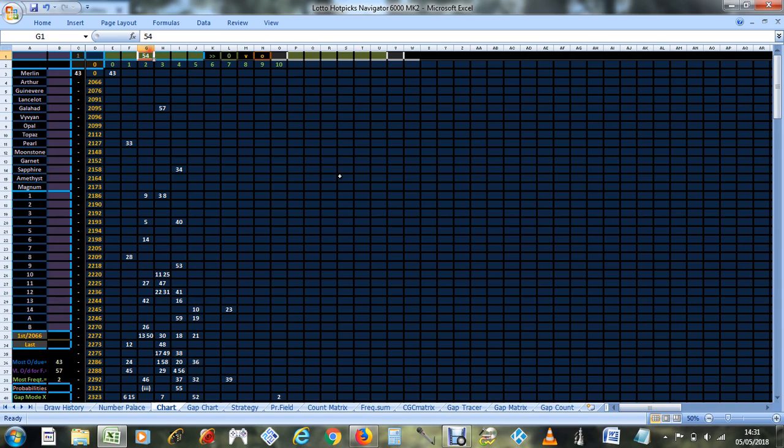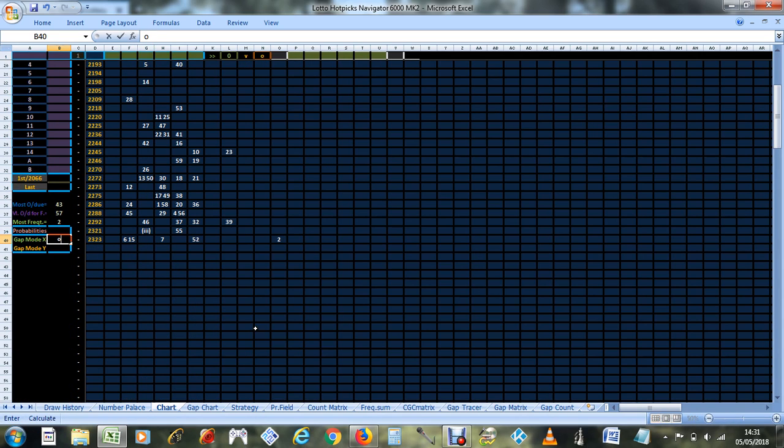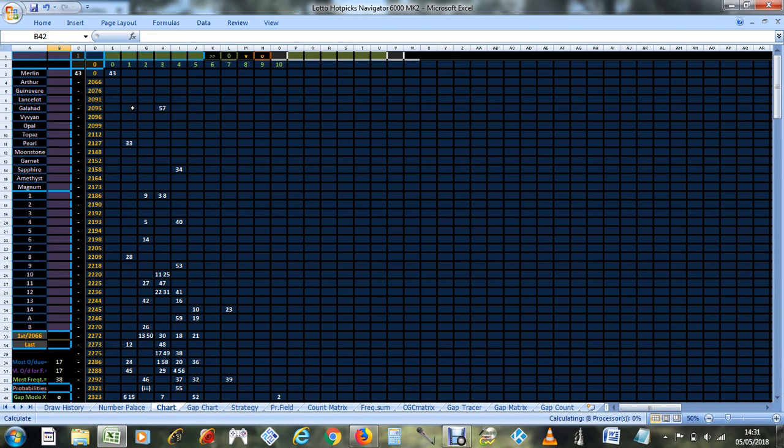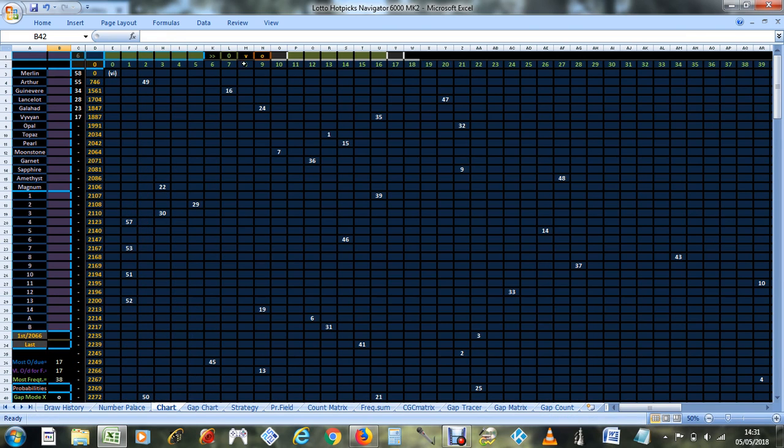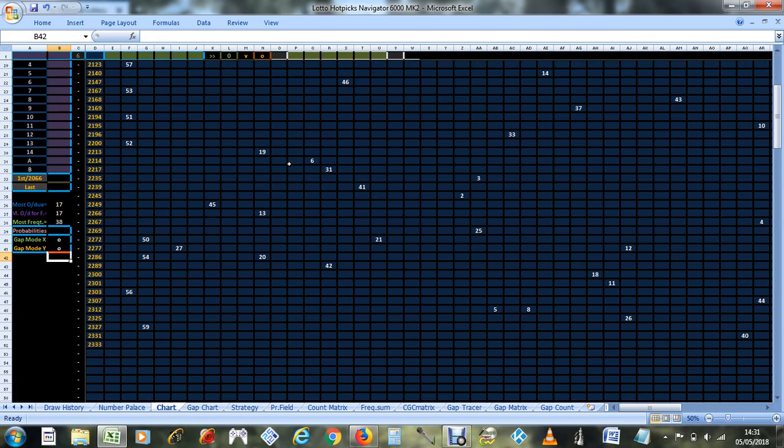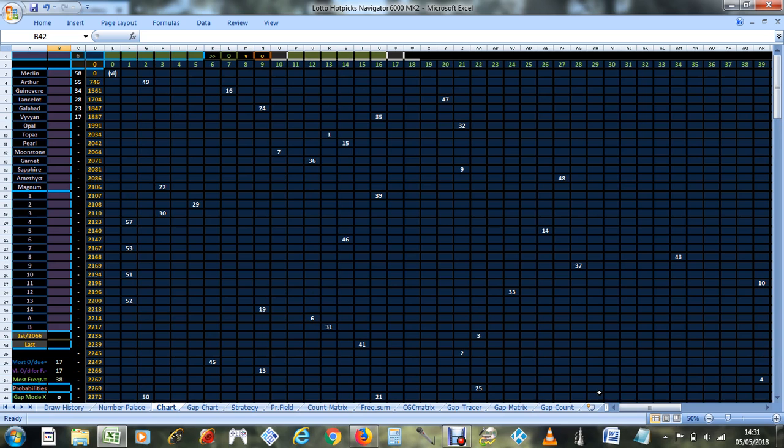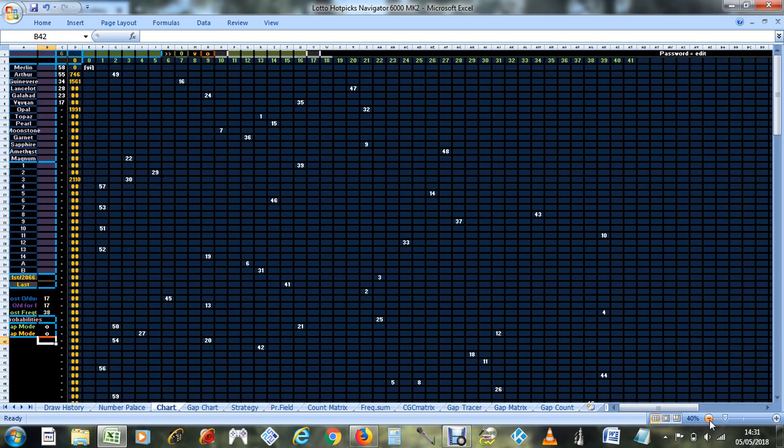Now let me just show you what this does on this chart when I put it in gap mode. Now what that does is, instead of rearranging the numbers according to their own frequency and when they were last drawn, instead it arranges them by the frequency and the last draw of the current gap between occurrences for each number.